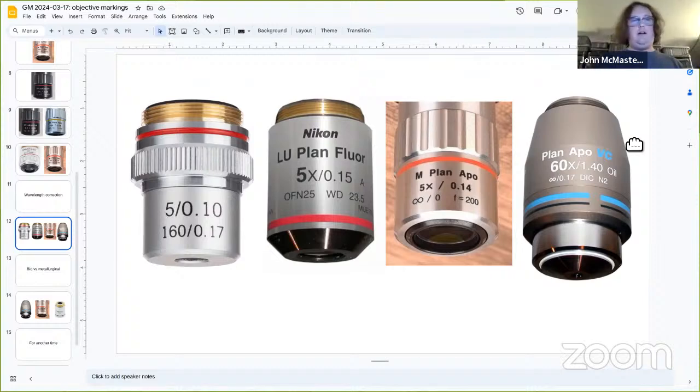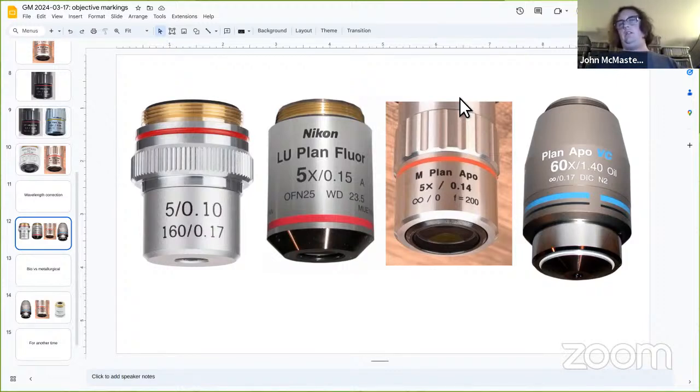Cool. And then threading is the other thing that I'll add as a caution here. A lot of these objectives have different threads. This one, for example, these M Plan APO, I always mix this up, but I think that one is M26 by 36 threads per inch, a terrible mixed imperial and metric unit.